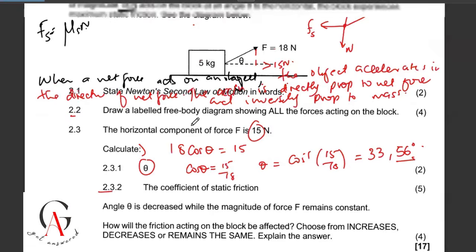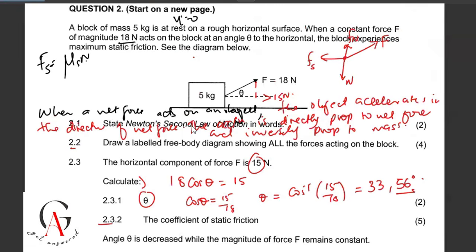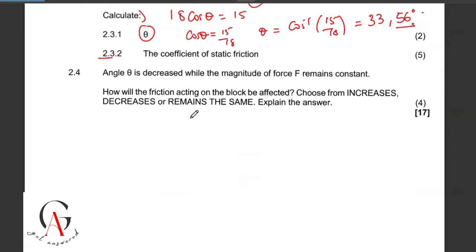Now, if I look at the system itself, it's not moving at all, meaning that the acceleration is 0. So if I use F net equals ma, my F horizontal minus the static friction should give me 0. What does this mean?